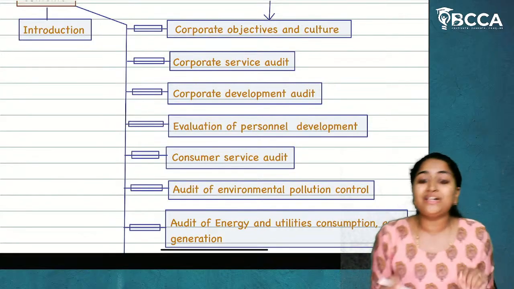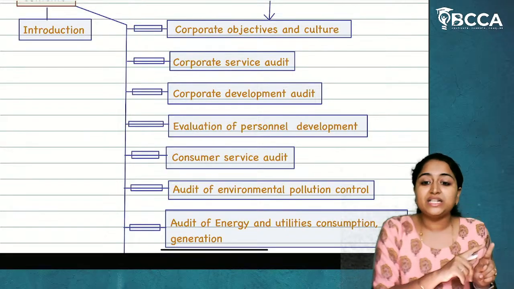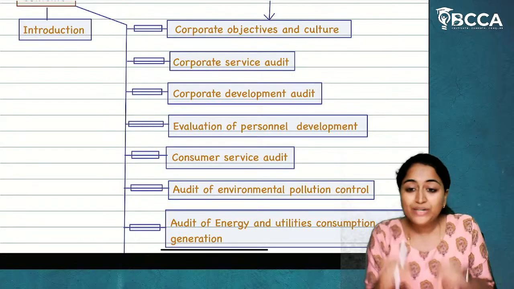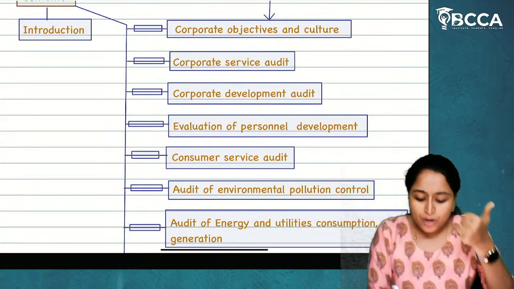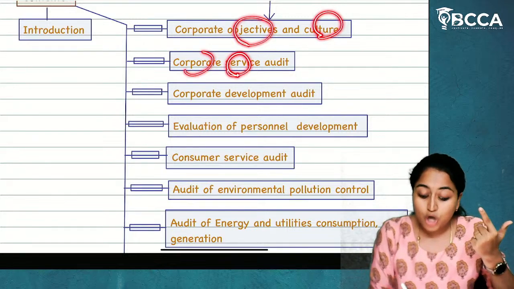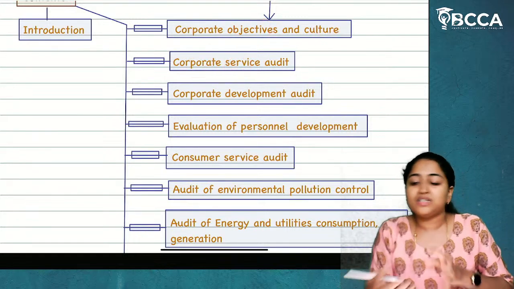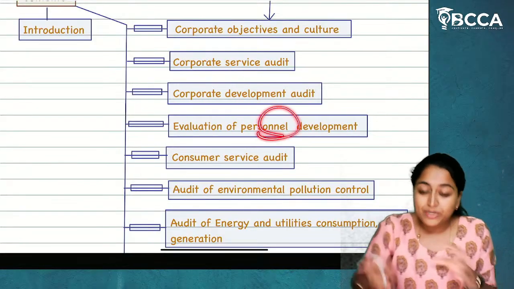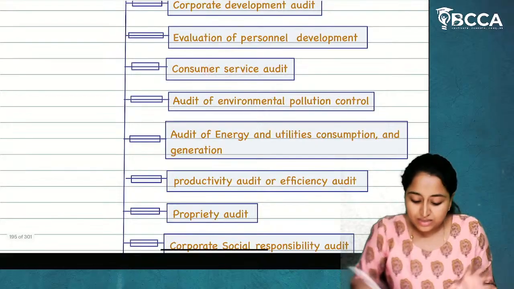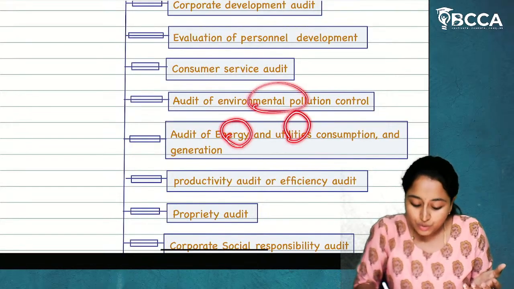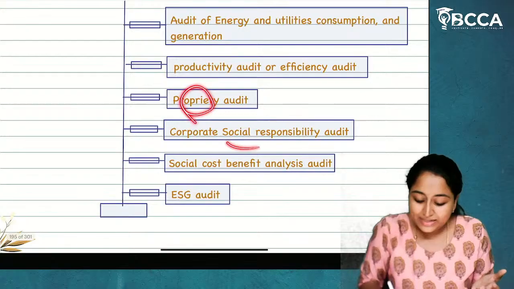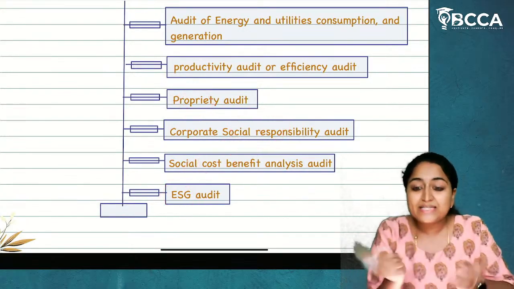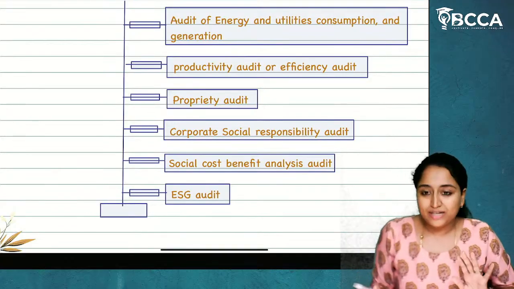Now in unit 2, whatever we have seen, everything is related to the internal performance of the organization. Now in unit 3, whatever we are going to see about objectives, culture, corporate service, whatever service is provided to different interest groups, about its own development, personal development, customer service, environmental, energy, utilities, productivity, proprietary, CSR, social cost benefit, and ESG, all are related to the external performance of the organization.